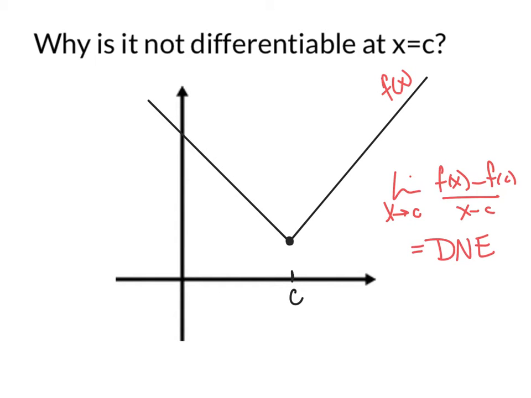Because if I was on the left side of c over here, I would expect my tangent lines to all be negative, because the tangent lines are going down. As soon as we get to the right side of c, now all my tangent lines are going to be positive. So from the left, we expect a negative number. From the right, we expect a positive number. Because they're not the same, that limit doesn't exist.